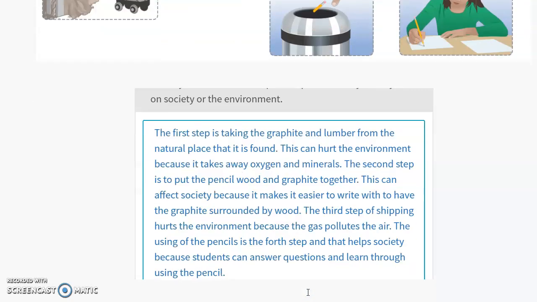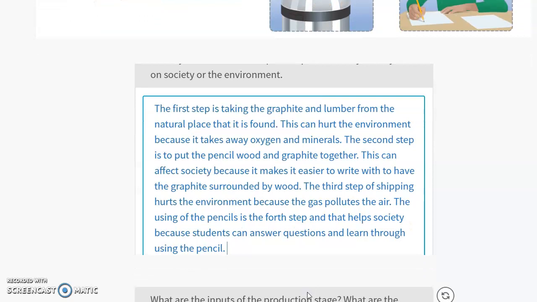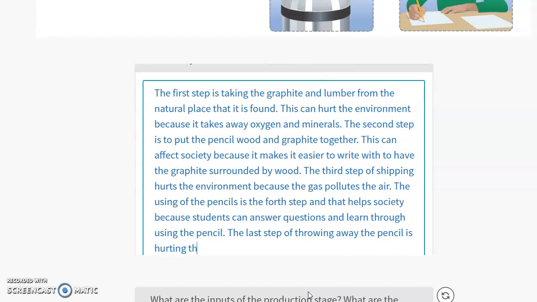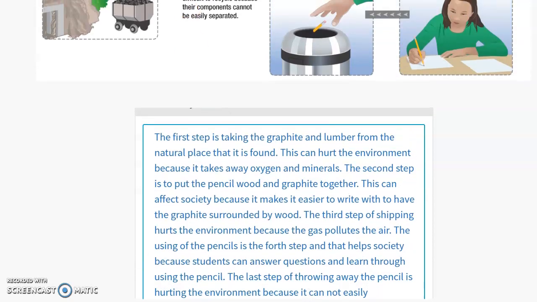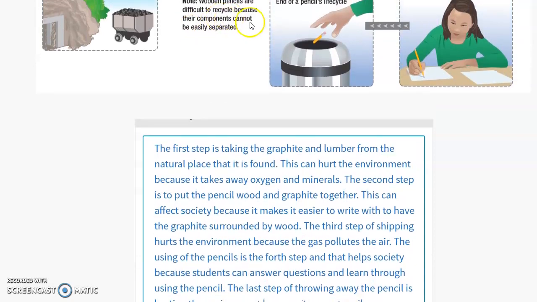Right? You can learn a lot, you can write a lot, you can do a lot of different things if you have a pencil. The last step of throwing away the pencil is hurting the environment because it cannot easily, what does it say? It cannot easily be separated and recycled.